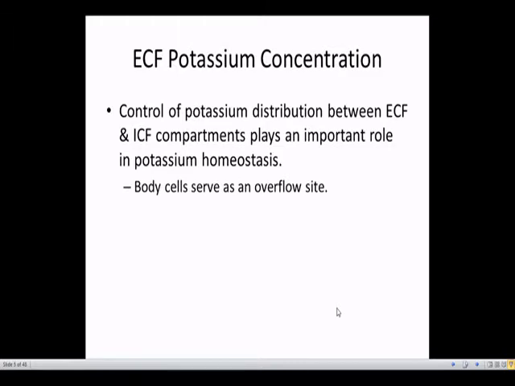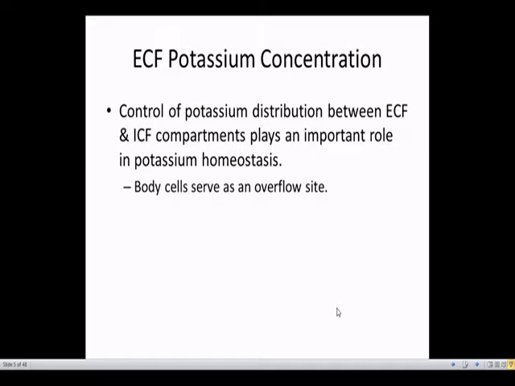Control of potassium distribution between extracellular fluid and intracellular fluid compartments plays an important role in potassium homeostasis.